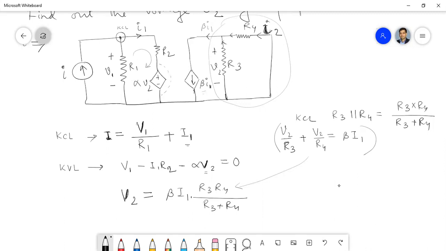otherwise it's difficult for you. So one more thing that we haven't considered here, that is the sign of V2.